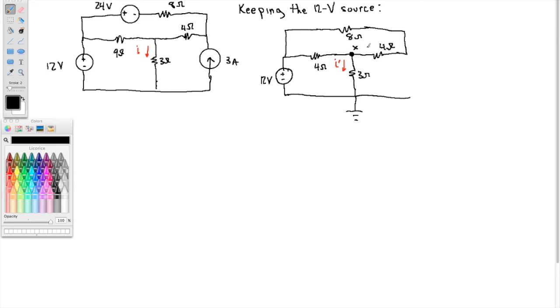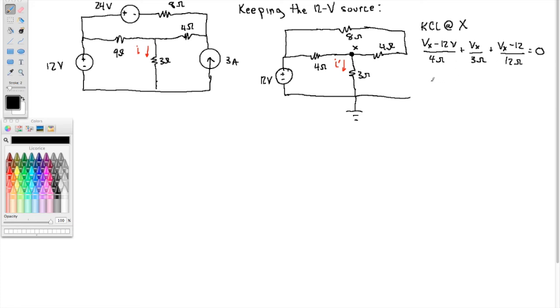We'll call that node X. I have the current leaving to the left, that would be Vx minus 12 over 4. The current leaving down, which is what I want, that's Vx over 3. And the current leaving to the right is Vx minus 12 over, these two resistors are in series now because there's no path here, so that's over 12 ohms, equals 0.